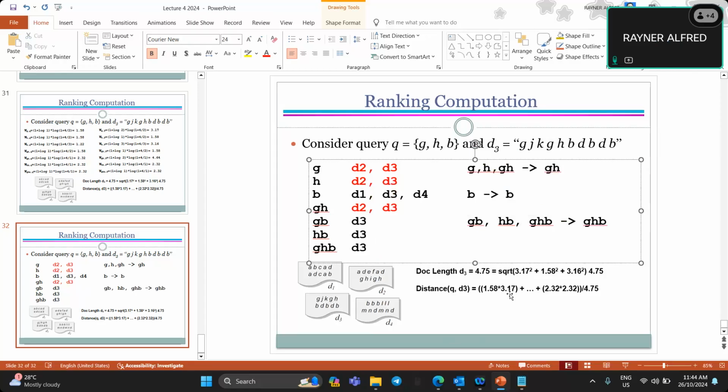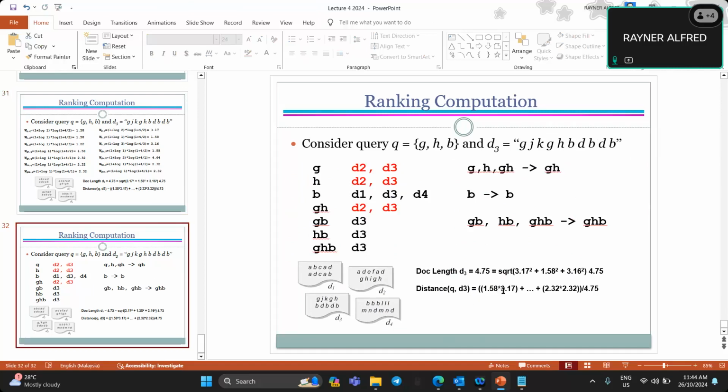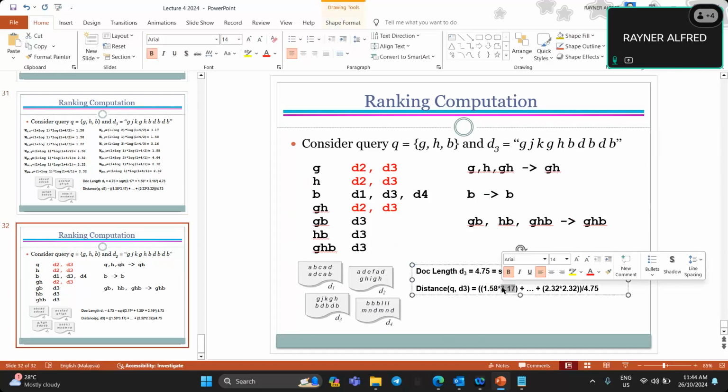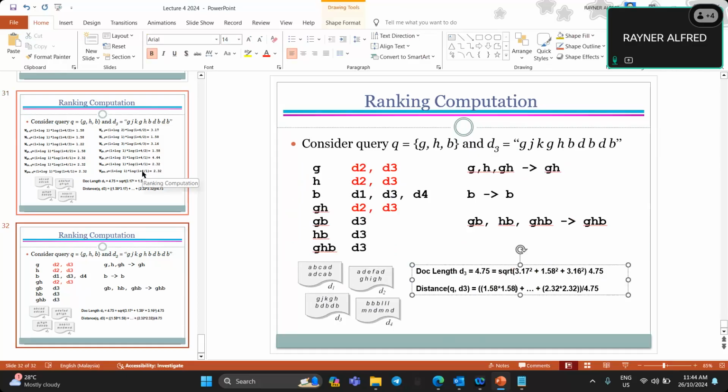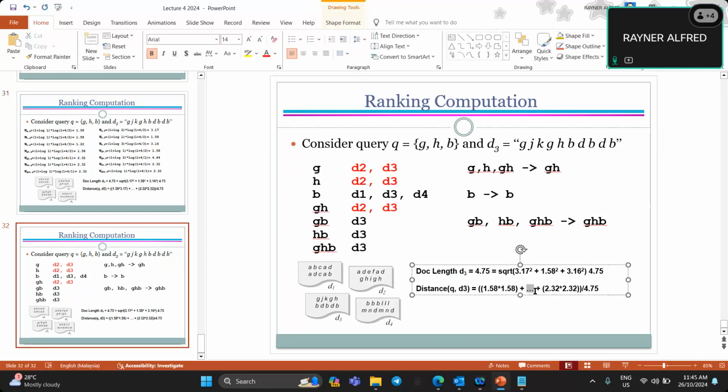So we need to compute what is GH and B. The GH is 1.8 times the GH, and the B is 1.22 and 3.16, so 1.22 times 3.16.